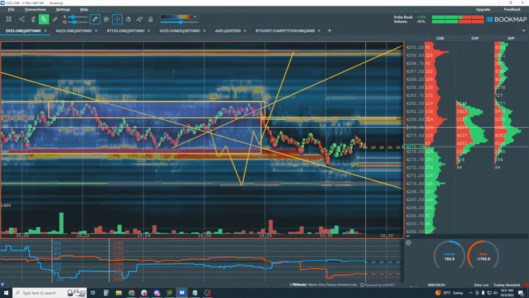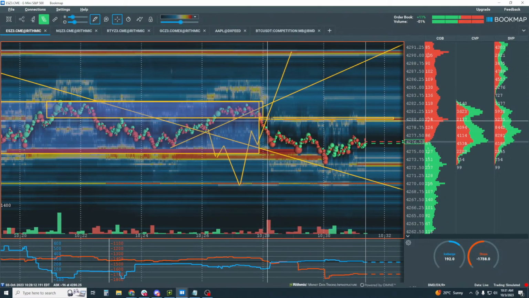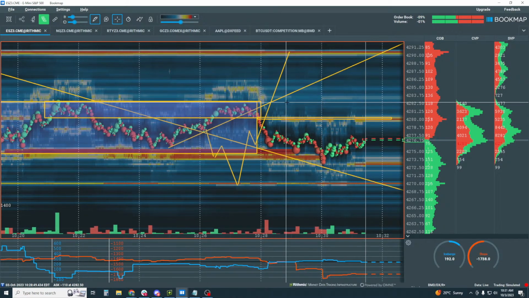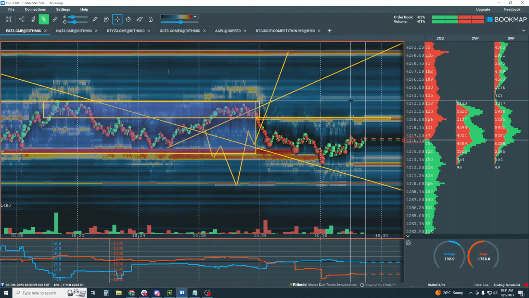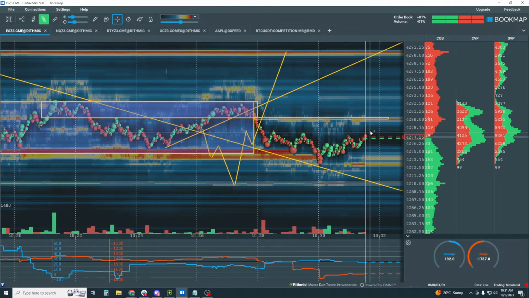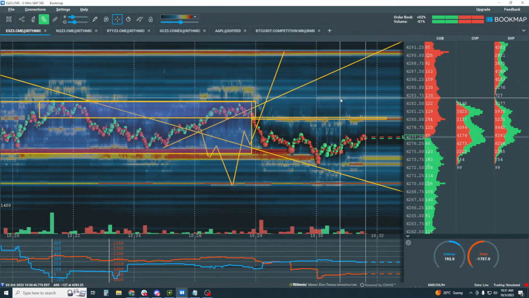So we'd have to trade to 80 and through it on high volume. So we know what to look for in the structure, and we have different scenarios of what to look for.